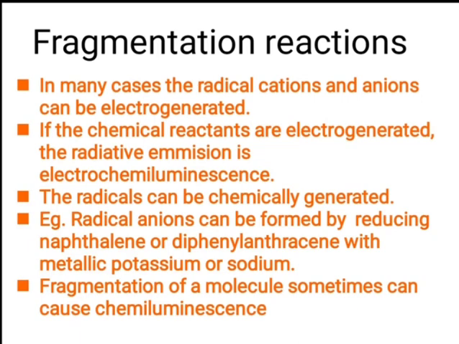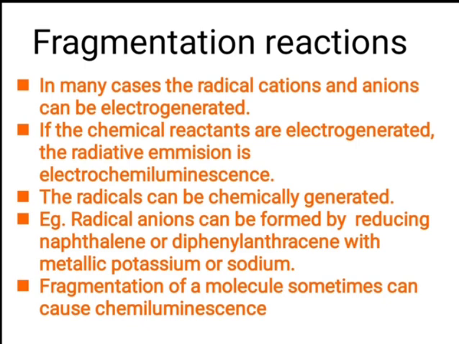Then the fragmentation reactions. In many cases, the radical cations and anions can be electrogenerated or produced in the chemical reactions themselves. If the chemical reactants are electrogenerated, the radiative emission is called electrochemiluminescence. The free radicals can sometimes be chemically generated.